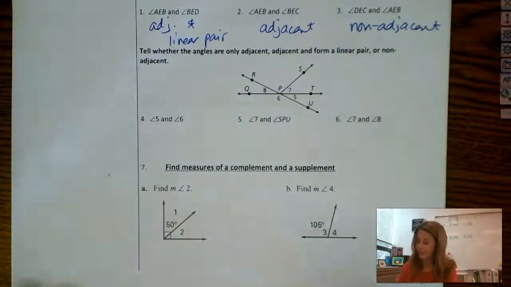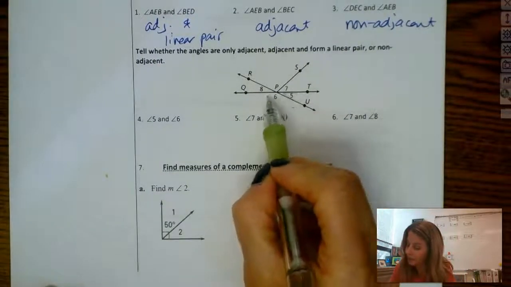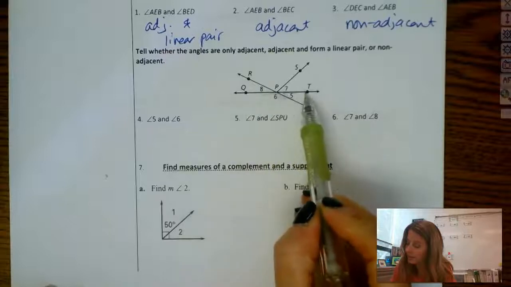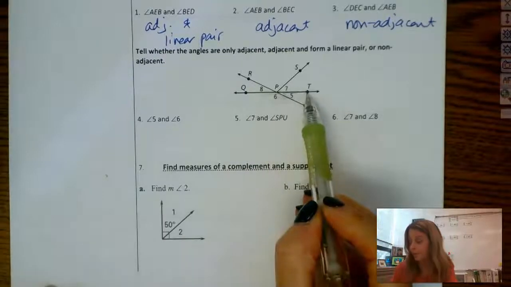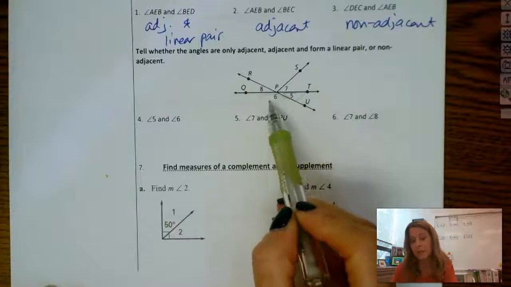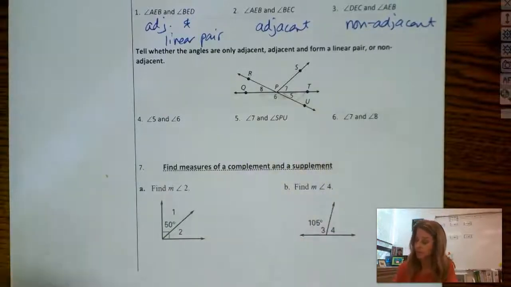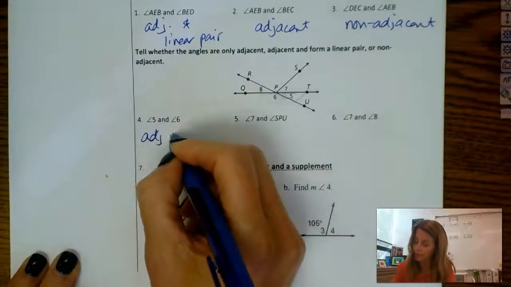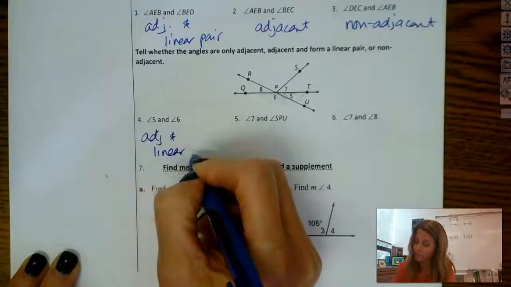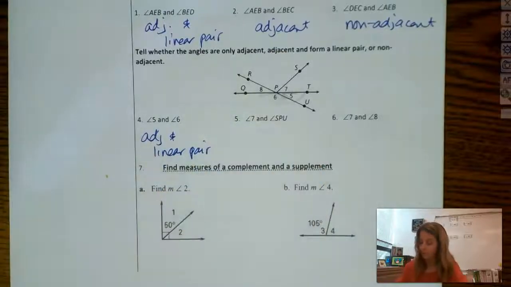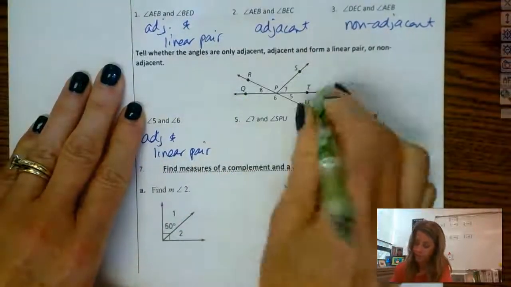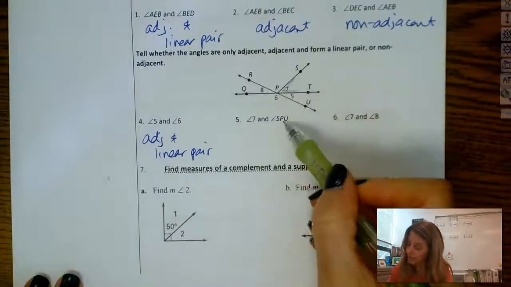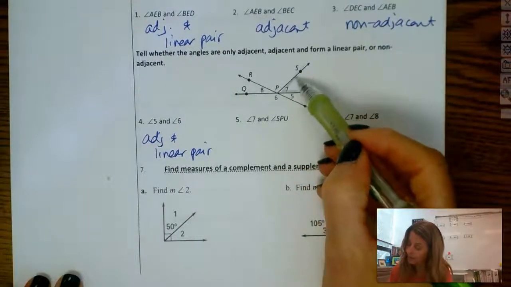Okay, 5 and 6. So we've got 5 right here, we've got 6 over here. So I see a line that the angles take up. If you kind of look at the opening here and the opening here, it forms a straight line. So number 4 would be the second one, adjacent and linear pair. Okay. Next one, angle 7 right here, and SPU.